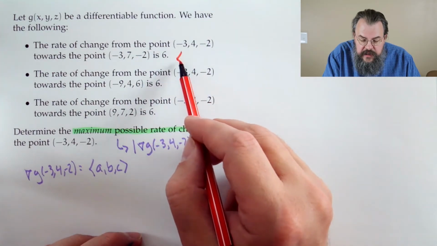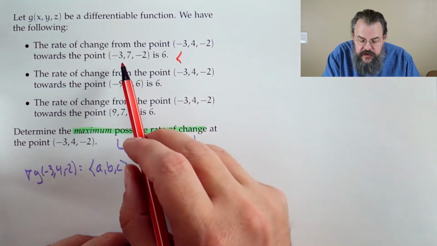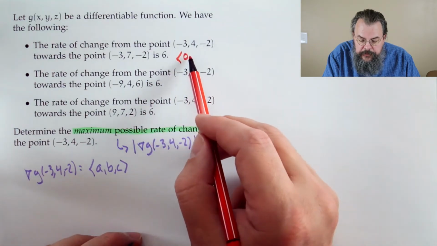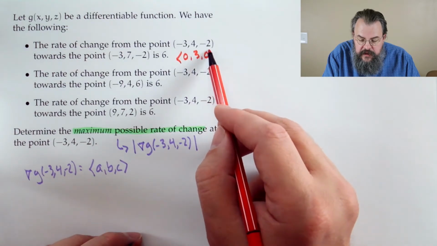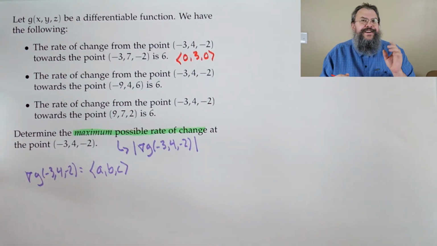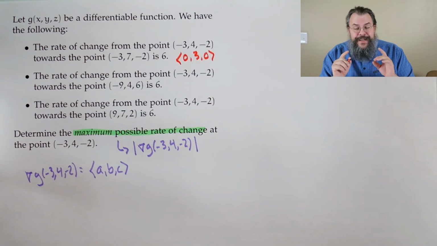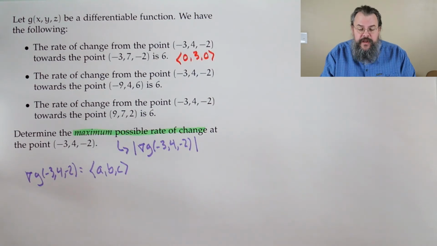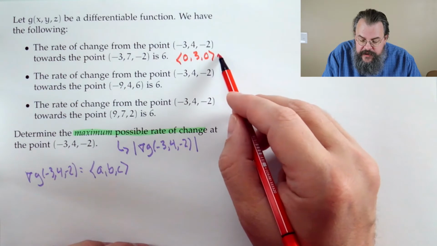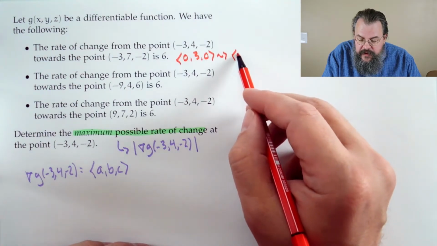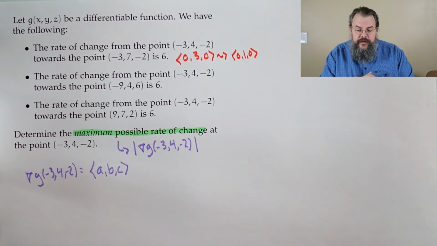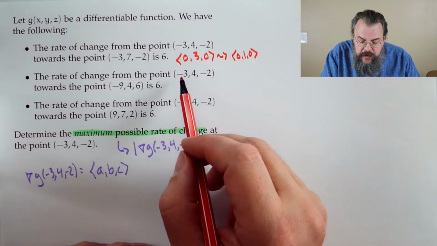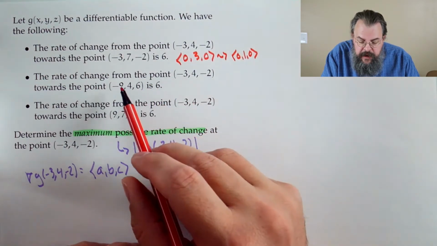So just think about how do we change? Well, we didn't change at all in the first coordinate. We went up by 3, and then we didn't change at all. So 0, 3, 0. Well, wait a second. That's not a unit vector. So the real vector that we're going to use is 0, 1, 0. That's the unit vector that points in that direction. Okay, all right. How about here? Let's see what happened. We went from minus 3 to minus 9.